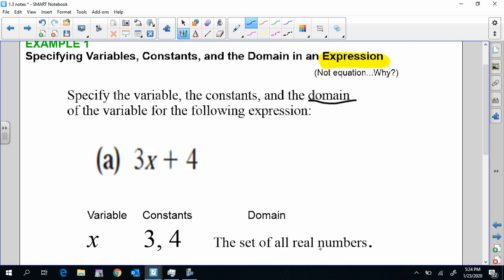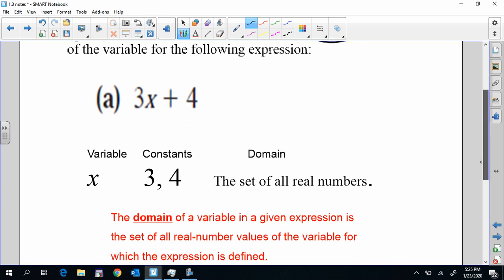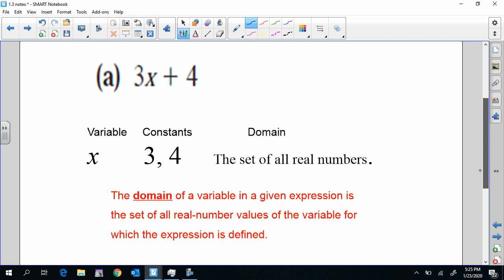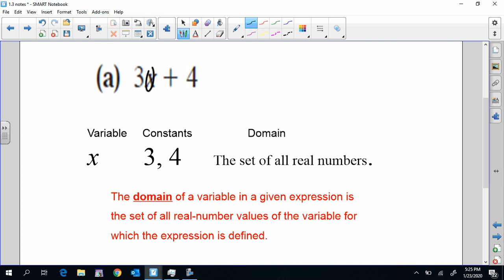What is the domain? Well, it's the set of all real numbers that I can replace x with and still get a defined expression. Well, guess what? When you're multiplying, adding, subtracting, squaring, cubing, none of those things ever generate the error message on your calculator.